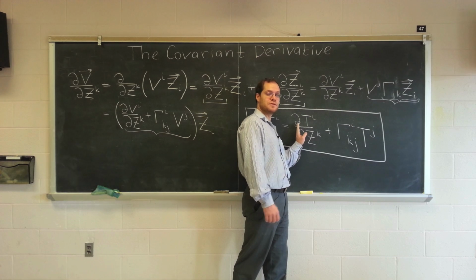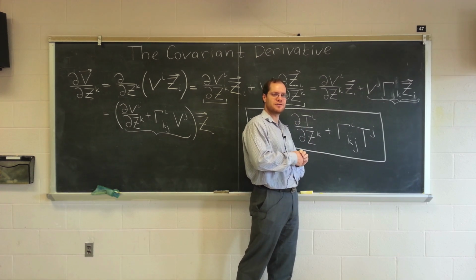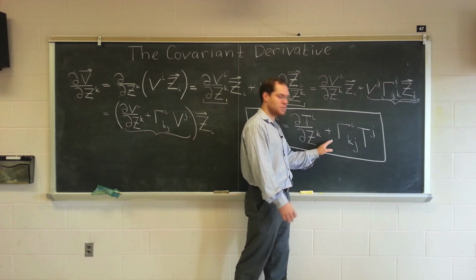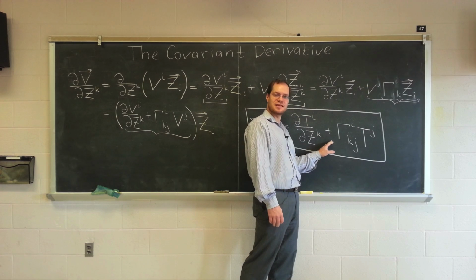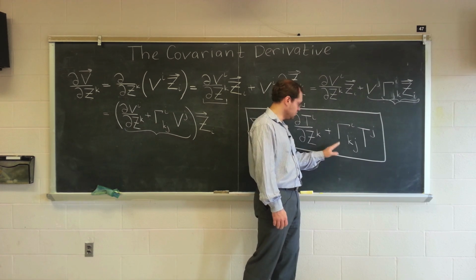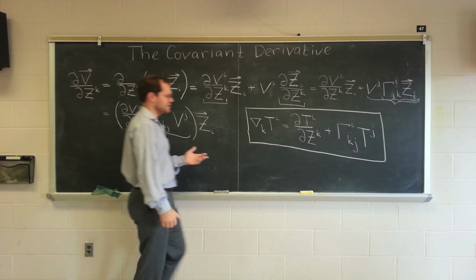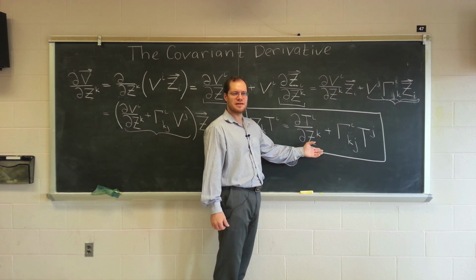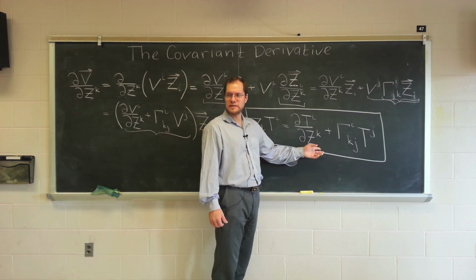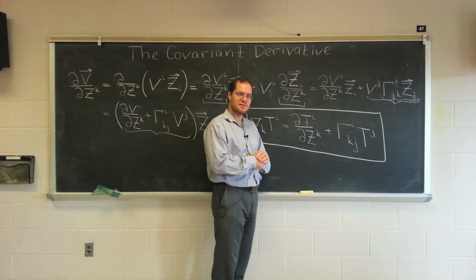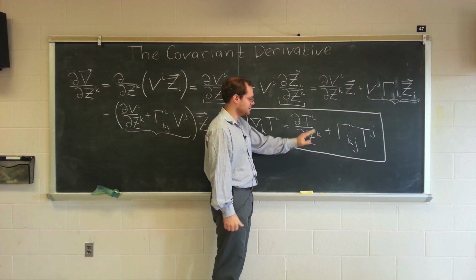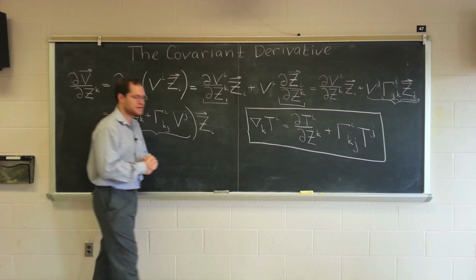I don't even need to prove it by showing how it changes from one coordinate system to another. You'll do it on your homework because it's a fantastic exercise. But you know it's a tensor. And then there are so many things to check. Could something this complicated satisfy the product rule? I don't know. It will, and so forth. But this is the definition of the covariant derivative.